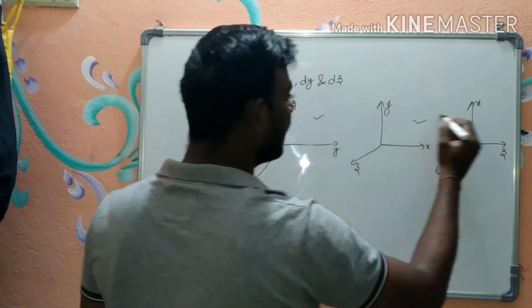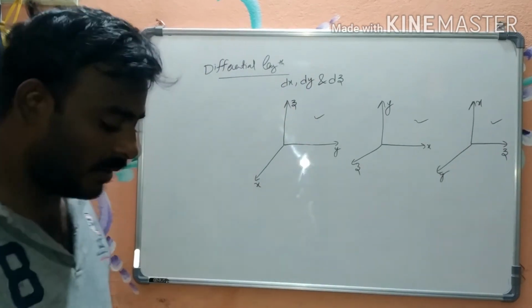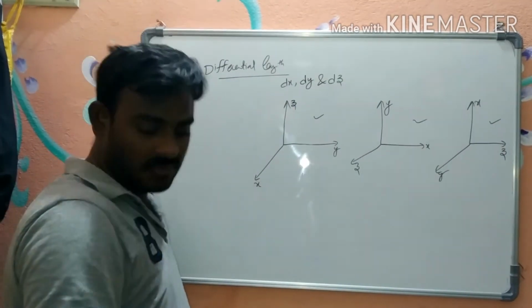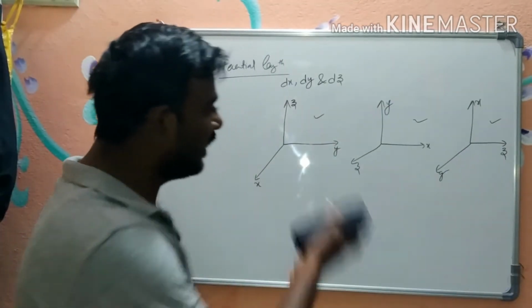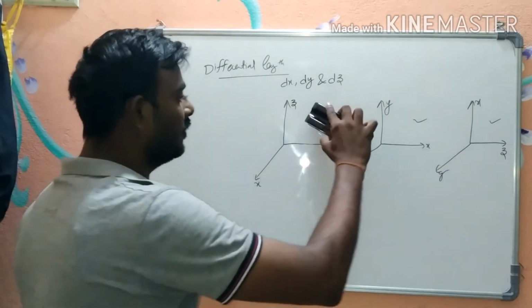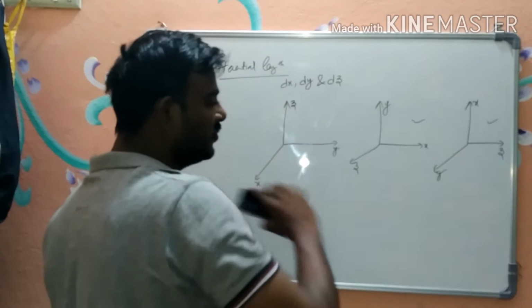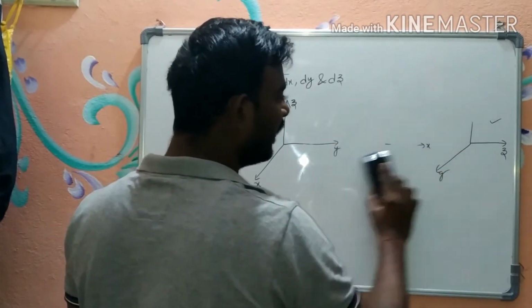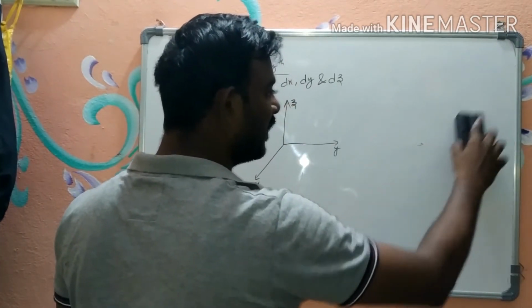These three are the correct ways of representing the coordinate system. I'm comfortable with this one, so I'm using this way of representing a three-dimensional coordinate system.